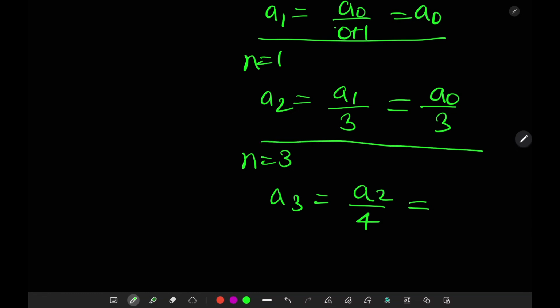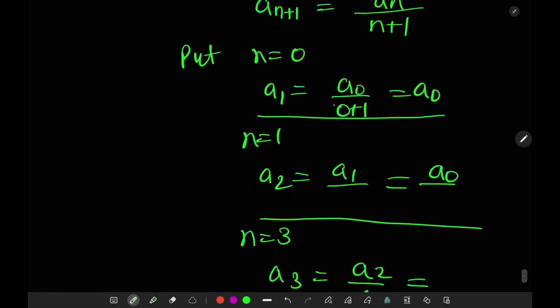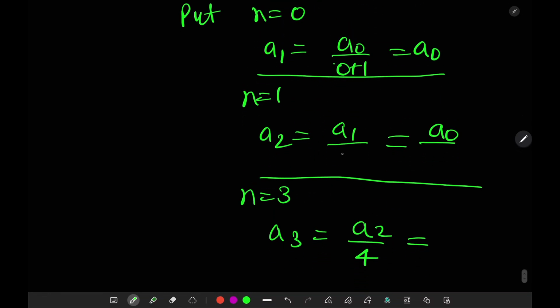Here this is the value of a2. Sorry for this misunderstanding, here this is n plus 1, so if we put n is equal to 1, we get this.